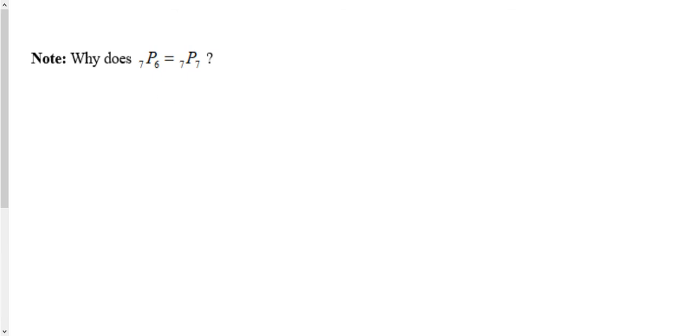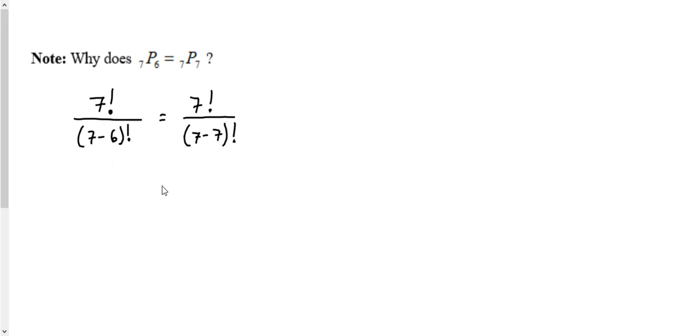If you did this in terms of an equation, you'd have the following. So let's just flip it in terms of an equation. You'd have 7 factorial divided by 7 minus 6 factorial, and that's going to be set equal to 7 factorial divided by 7 minus 7 factorial.